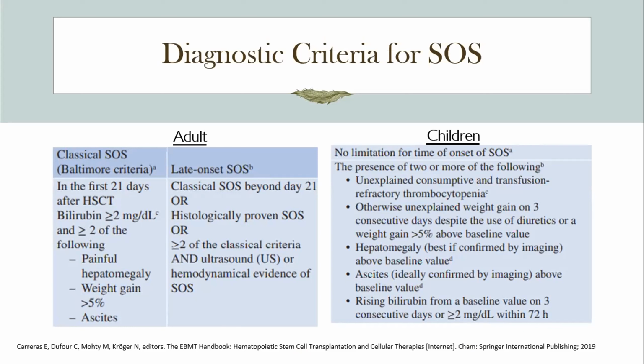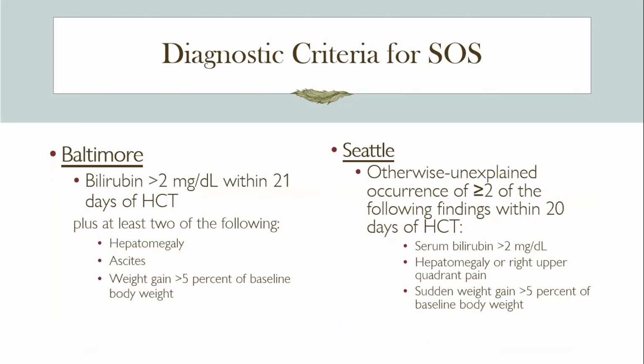The Seattle criteria look at a bilirubin greater than 2 milligrams per deciliter within 21 days of stem cell transplant. Otherwise, the Seattle looks at an unexplained occurrence of more than 2 of the following findings within 20 days of stem cell transplant.